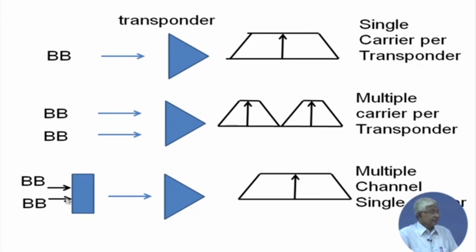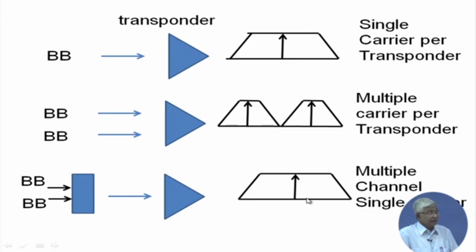This is a common example of our TV signal, the broadcast TV, what we observe through our DTH or even through our cable. In the satellite part, most of the operators book the full transponder. So, they pay for the full transponder, like let us say Tata Sky or Doordarshan or Zee, anybody, they take the full transponder, and in one full transponder, which is 36 megahertz, they transmit a multiplexed signal.